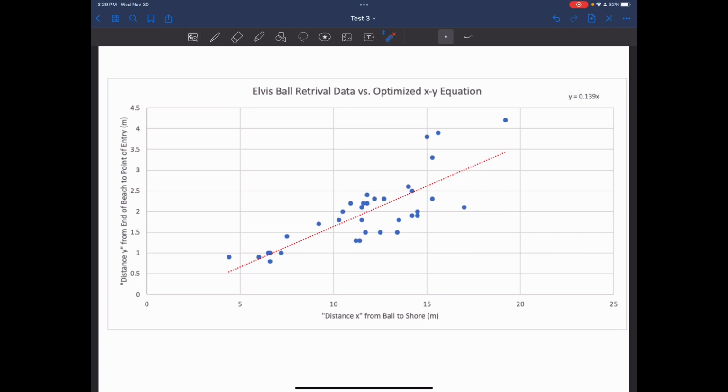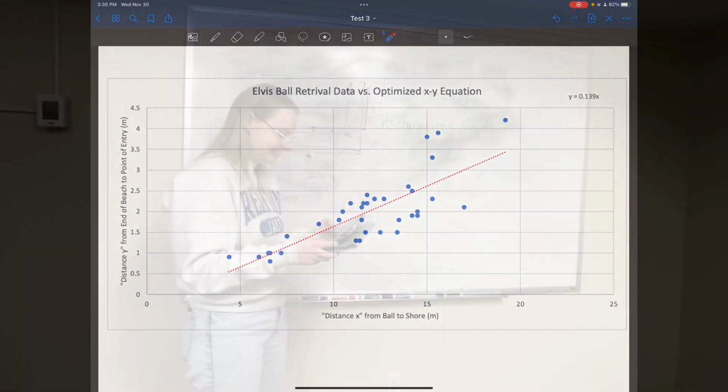However, because much of the data does seem to follow the line, we can conclude that Elvis does seem to have a quote-unquote innate ability to do calculus, meaning he was able to optimize his path and time taken to retrieve his ball, which also means that Lassie would most likely be able to have similar results and reach a drowning person using an optimal path.